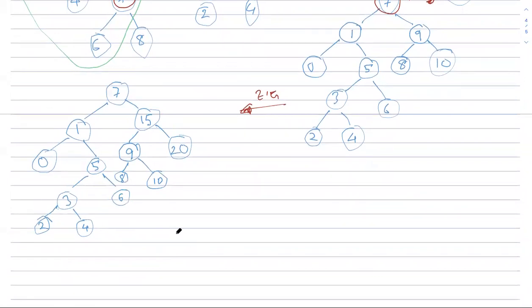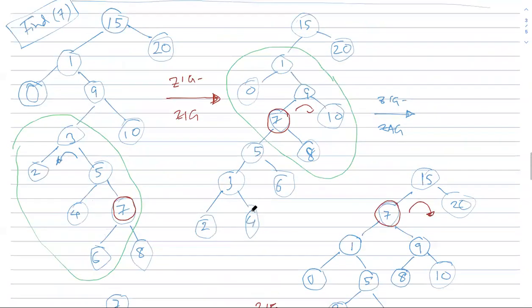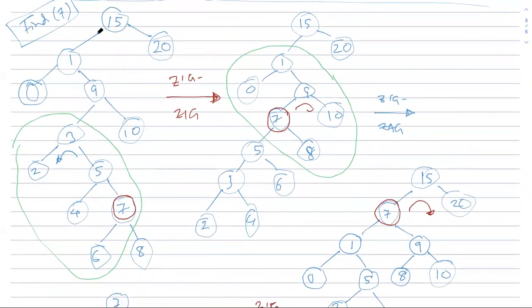So you can see the number of levels, or the depth of the tree, has reduced. So 1, 2, 3, 4. So here the depth of the tree is 4. The depth that we started off with was 1, 2, 3, 4, 5, 6.